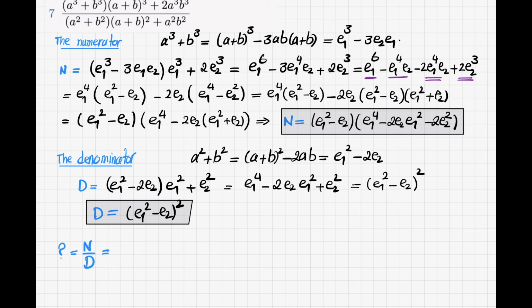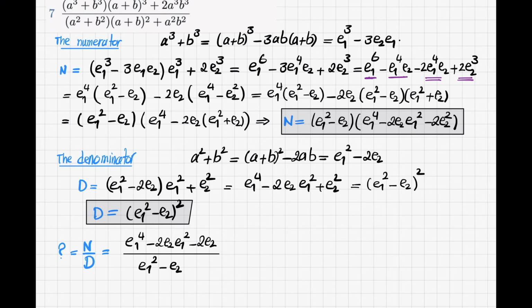Yes, so what is left for me in the numerator? e1 to the 4 minus 2e2 e1 to the 2 minus 2e2, and then what is left for me in the denominator is only one factor of this expression. So hopefully you realize what's going on. This is my numerator. If I divide it by the denominator, I have one of these factors which will cancel one of these factors. So this expression is left in the numerator, and then one of these factors is left in the denominator.